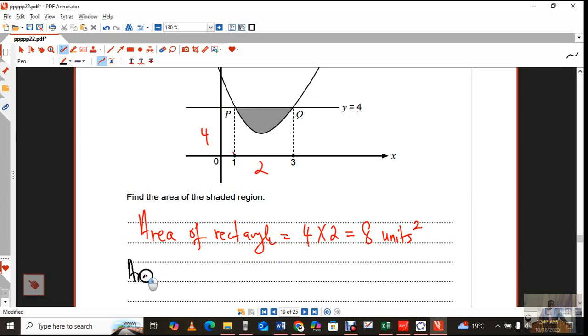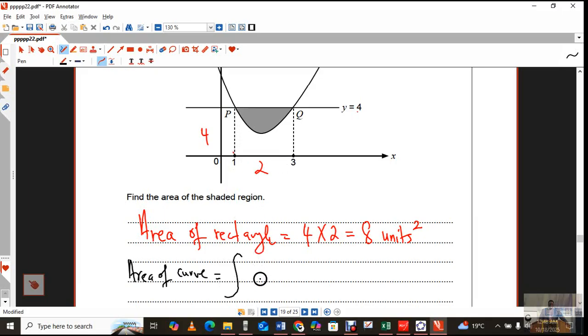The area of the curve is the area under the graph, right? So I find the area of the rectangle, then I find the area under the curve in this particular case. Now what I'm going to do with the two is find the shaded region. So what I'm now calculating here is the area under the curve from 1 to 3.